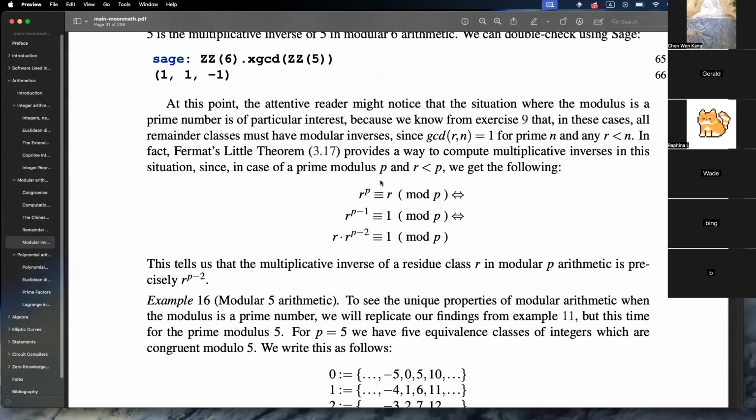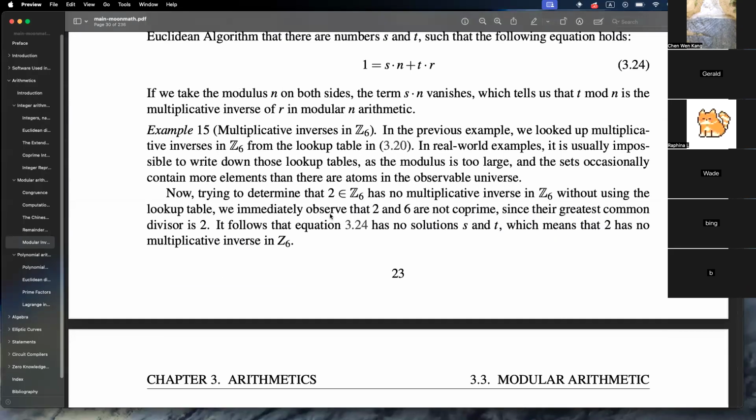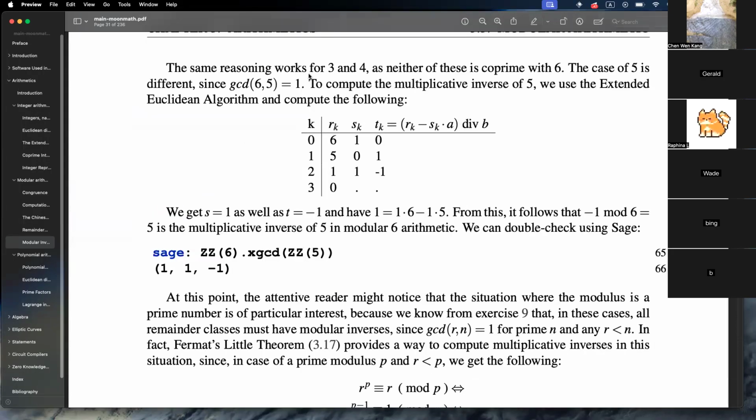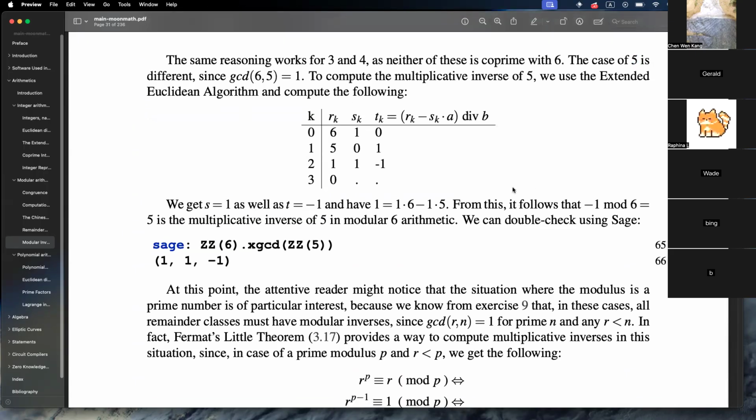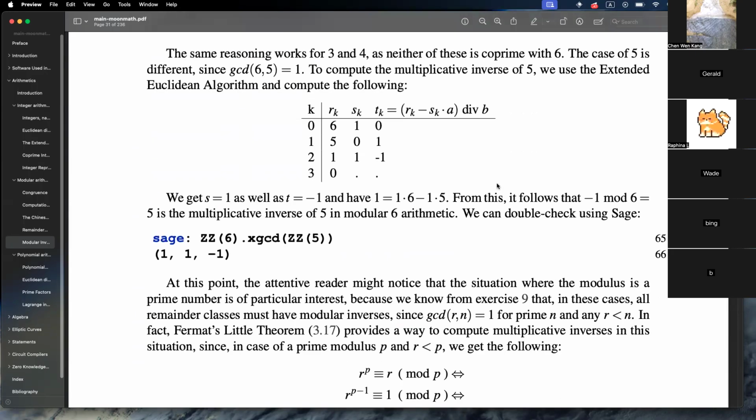But for mod 5 arithmetic, let's find the inverse of, say, 4.